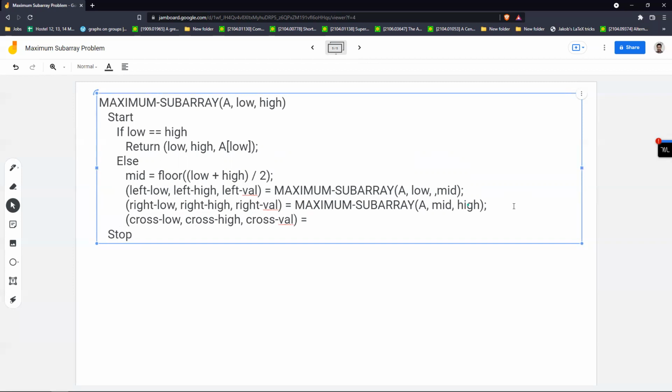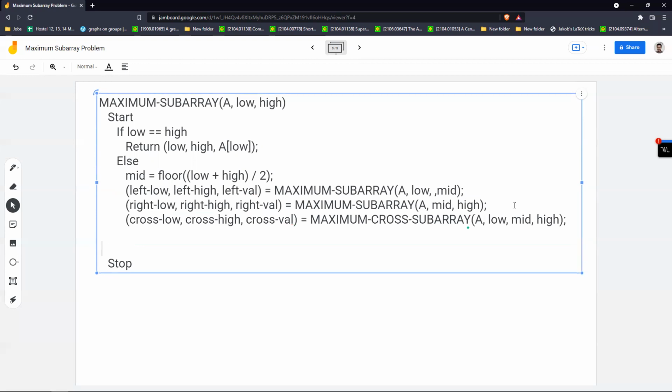Now this algorithm is slightly different, right? So let's call it maximum cross subarray. Why is it different? Because we don't need to calculate this again. It's of a different kind. So let's just look at that. Low, mid, high. We will pass all three. Is that okay?